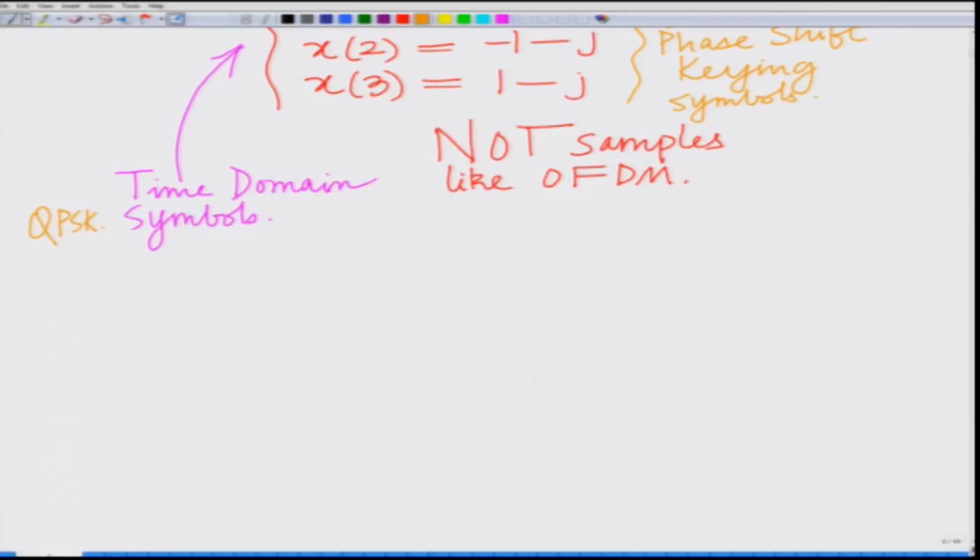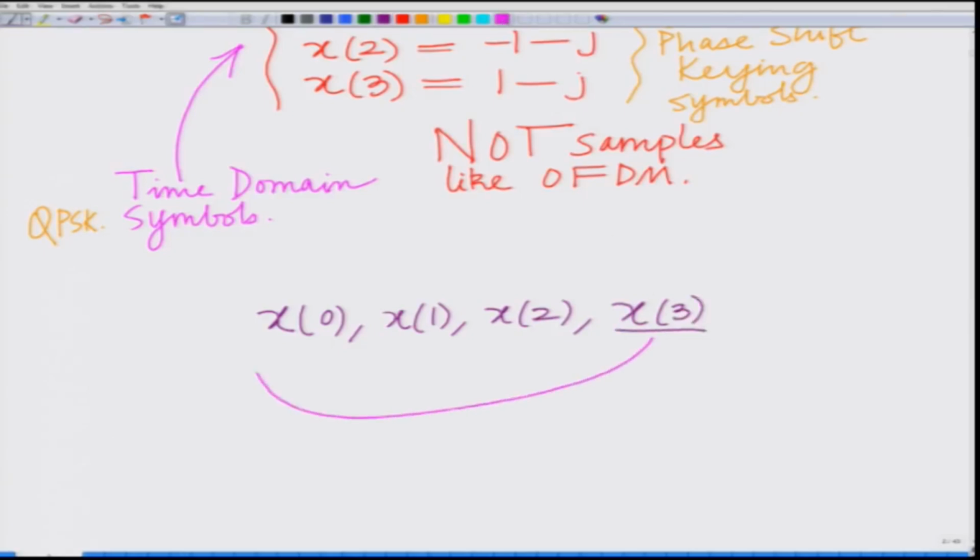And now what we are going to do is, again, as we have said, take these time domain symbols and add the cyclic prefix. So, I have x3, I take this x3 and I add this x3 over here.